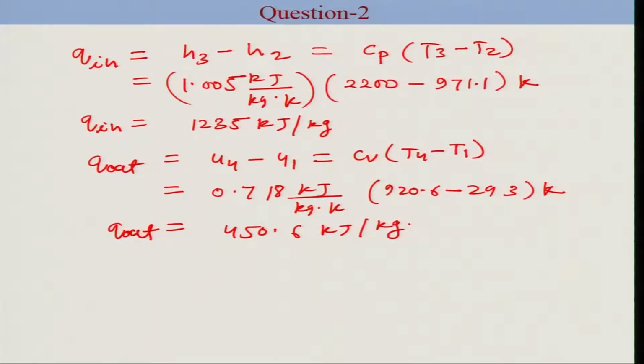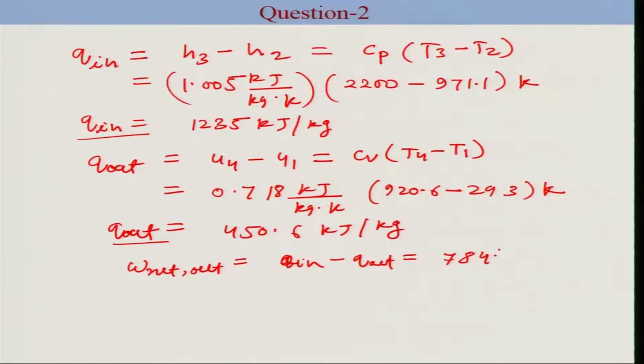Okay. So since we know Q in and Q out, we can calculate net work coming out of the cycle, equal to Q in minus Q out, which is equal to 784.4 kilojoule per kg.